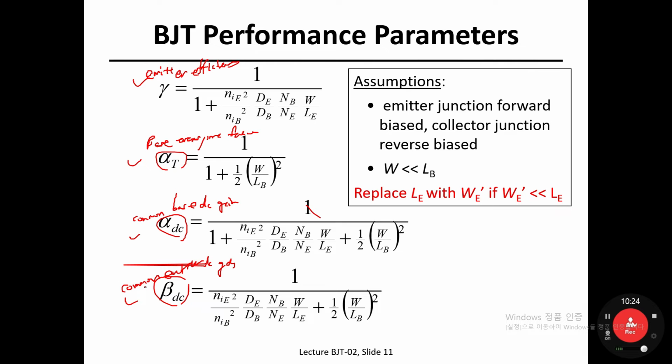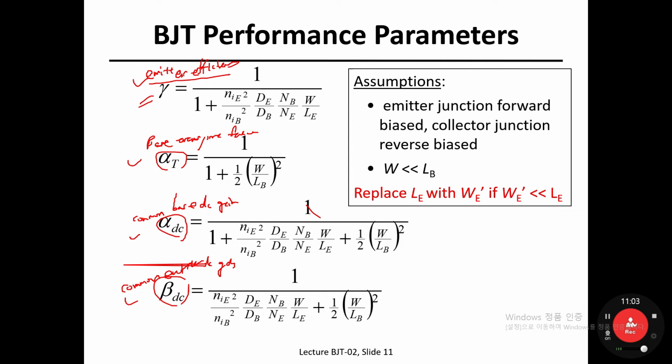But say that the P side is germanium based P type material and the N side is silicon based material. Then germanium and silicon, those two different materials, are in physical contact. Then we can say that that is not a homogeneous junction but a heterogeneous junction. Anyhow, with many material parameters, how do we define the BJT performance parameters, gamma, alpha T, alpha DC, beta DC? For that purpose, I have prepared this lecture note.